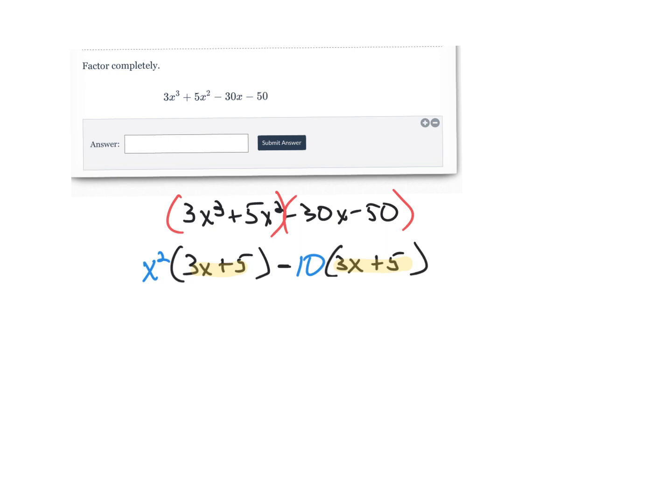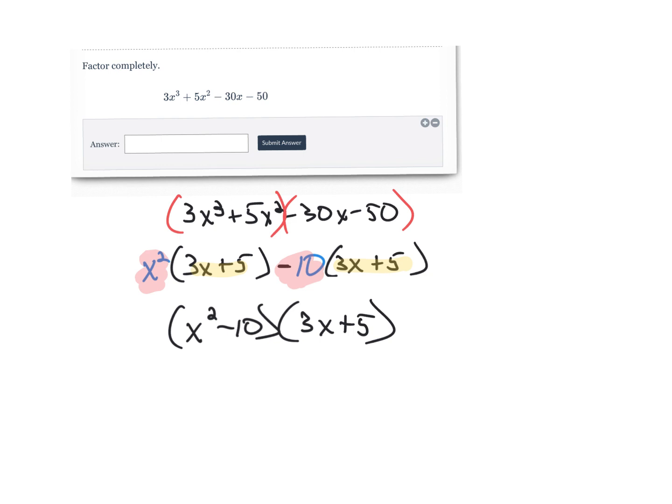So what we're going to do is put these 2 terms that we factored out together in one set of parentheses here. So we have x squared minus 10 times, and then we put this common binomial in one set of parentheses as 3x plus 5.